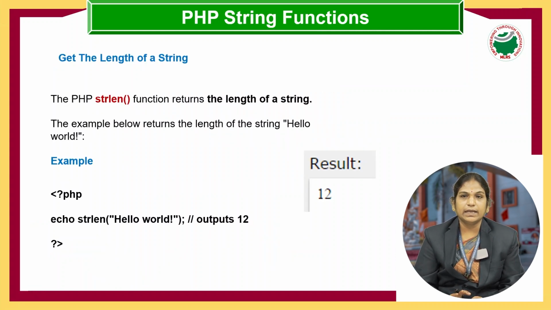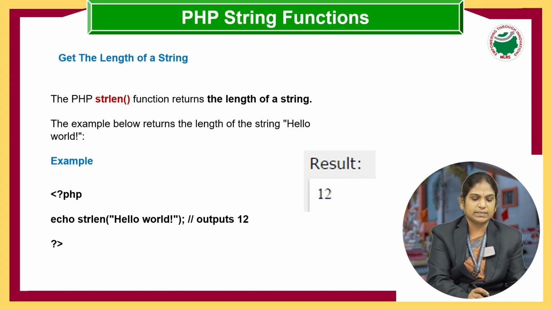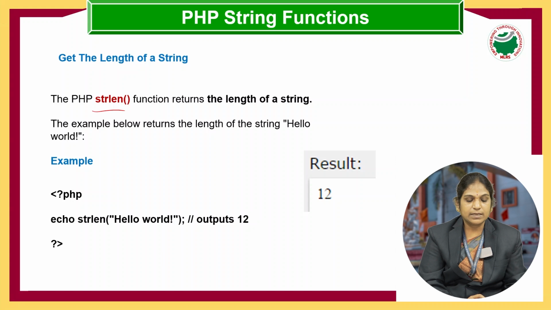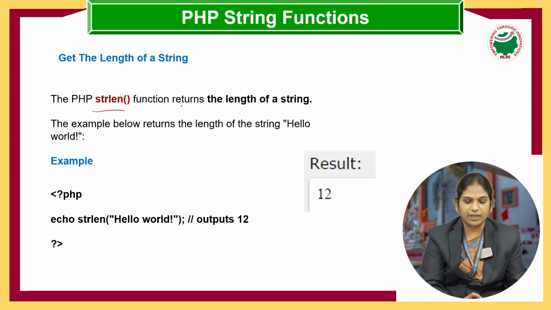And next thing, string functions. PHP string functions. So we have different types of functions related to strings in PHP. First, get the length of the string. I want to know the length of the string. So there is a function called strlen, which indicates that it is the string length function, and which returns the value as the length of the string.